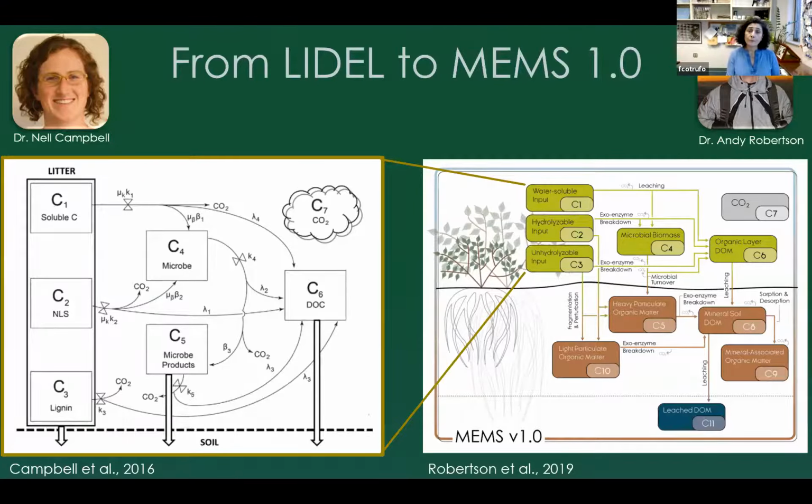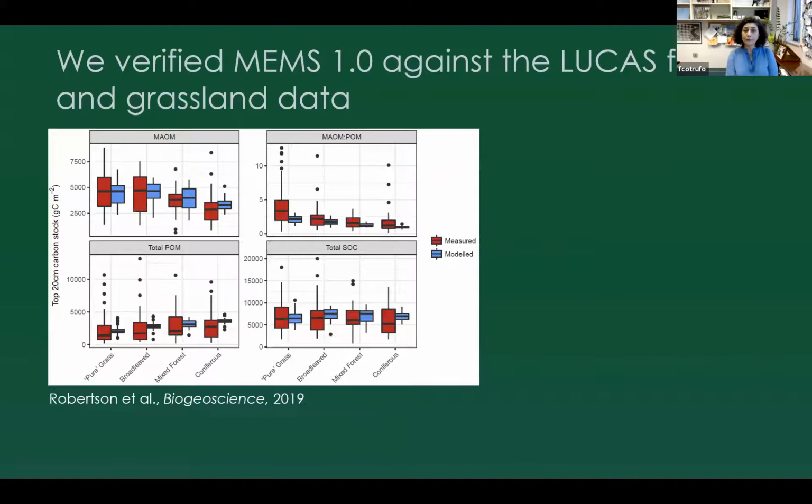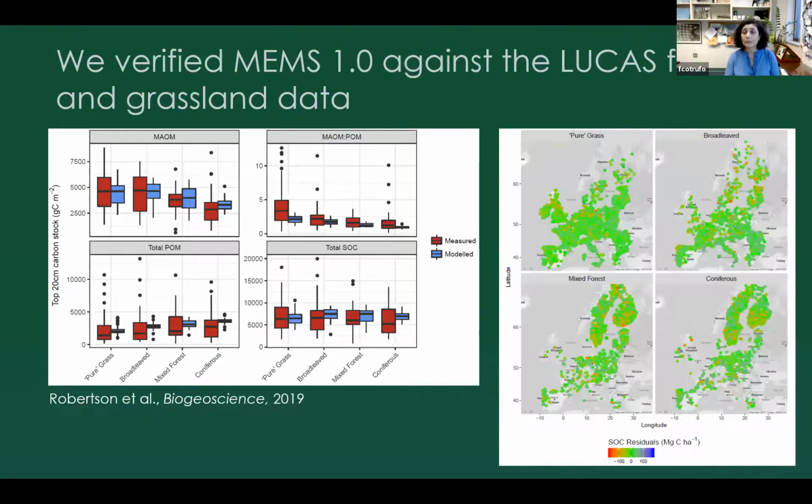For the MEMS 1.0, we used the LUCAS data at the European continental level, and we got pretty good results. Also, if you look at the residuals, in a few cases we had either low or high, but overall the map is green, saying that we were doing pretty well with this model.